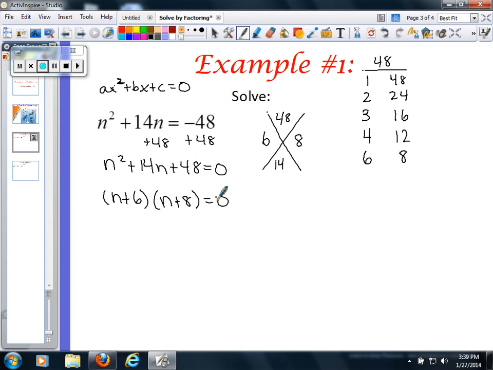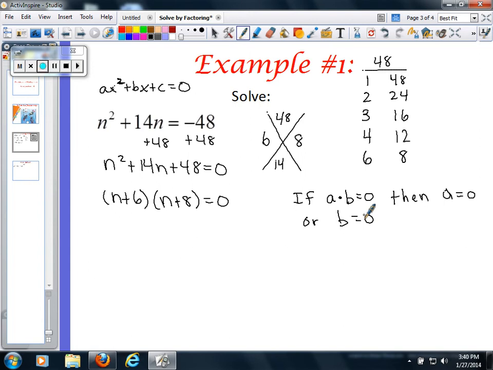Now, you need to remember a rule here which makes this possible. And that rule is, let me actually rewrite this. It says if a times b equals 0, then a equals 0 or b equals 0.